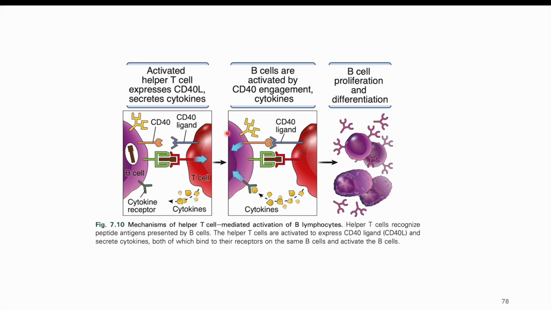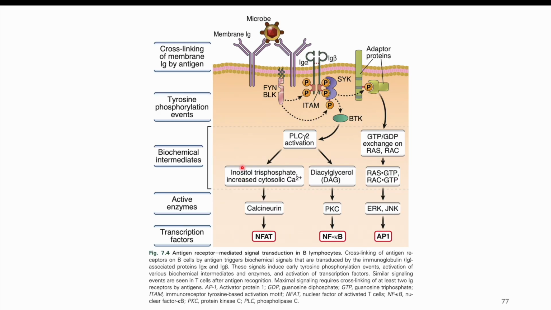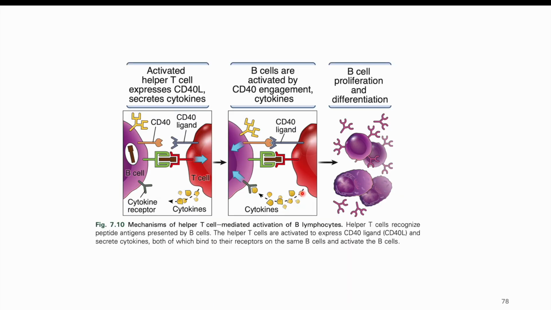Then this cell will go to class switching and secrete the antibodies, depending upon the type of antigen. So these are just the basic things which we saw here. A similar thing will happen here when this ligand binds to the receptor.